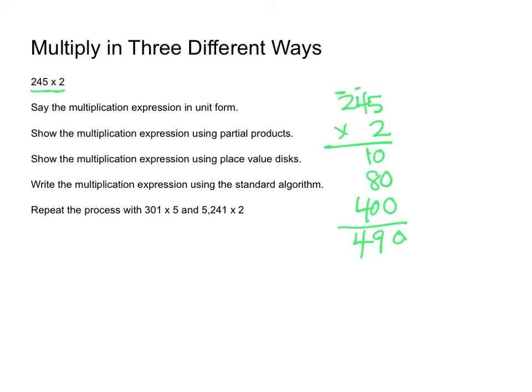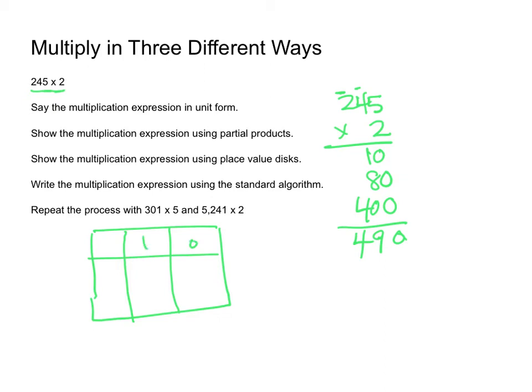Then we're going to do using place value discs. So I'm just going to draw a really quick chart. And we'll divide it into our 3 parts. That was not very well drawn, but that's okay. And these are our ones, our tens, and our hundreds. So we're going to now show using place value discs. Well, 245, so that means I've got 5 ones, 4 tens, and 2 hundreds.